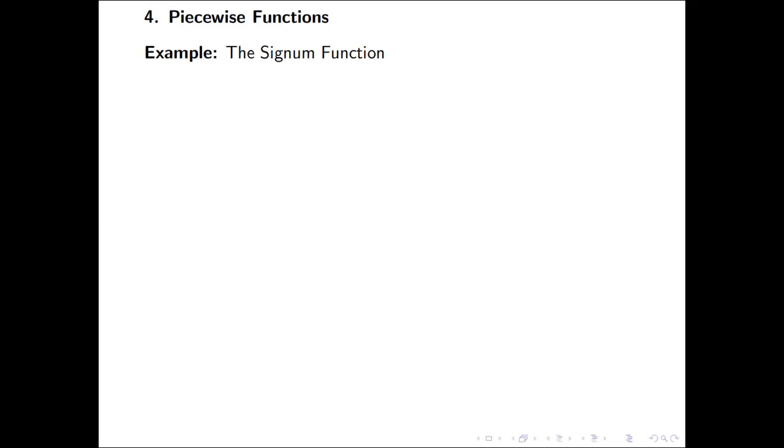Now the signum function, from the word itself, its root word is sign. It tells us something about the sign of a real number. And it's defined as follows. So f of x is equal to -1 if x is negative.